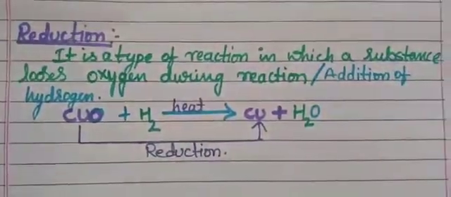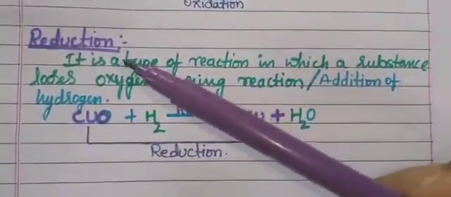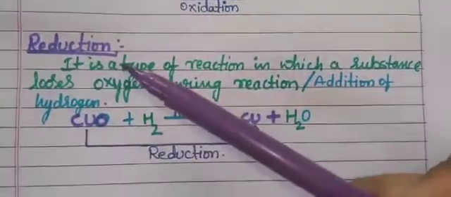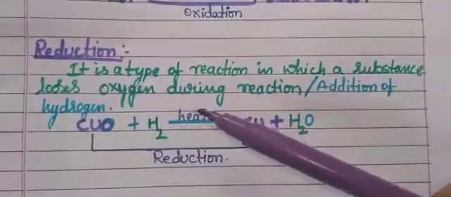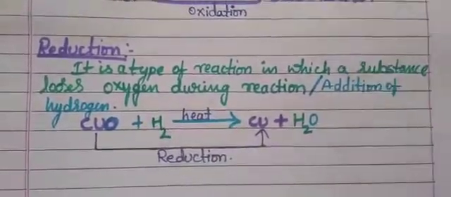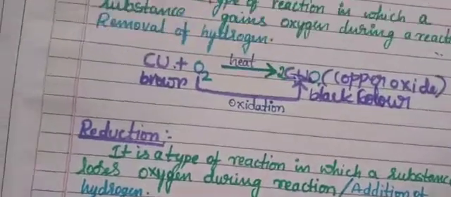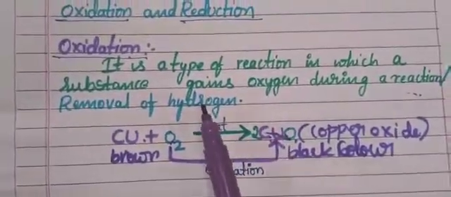Next type of reaction is reduction reaction. So reduction means reducing. It is a type of reaction in which a substance loses oxygen during the reaction, or addition of hydrogen. So in the oxidation reaction, what we have learned, oxygen is added or hydrogen is removed.